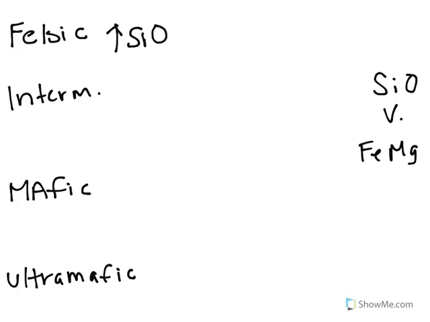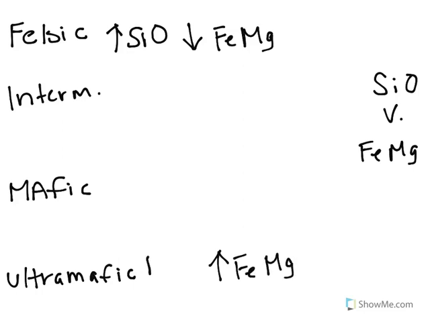Since it's going to be really high in silica and oxygen, it is going to be really low in iron and magnesium. So if we look on the opposite side, something that's ultramafic, same about the word ultramafic, it's going to be really high in iron and magnesium and really low in silica and oxygen.